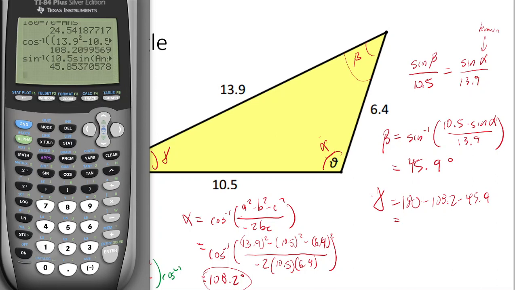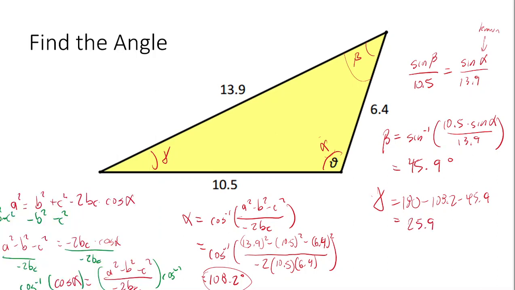So 180 minus 108.2 minus 45.9, and we get 25.9 degrees. So gamma there is 25.9, which all this stuff should make sense. Side length C is the shortest side, so gamma should be the smallest angle. And so there we go. That's using the law of cosines. Again, only use the law of cosines once per problem, then have the law of sines take over.